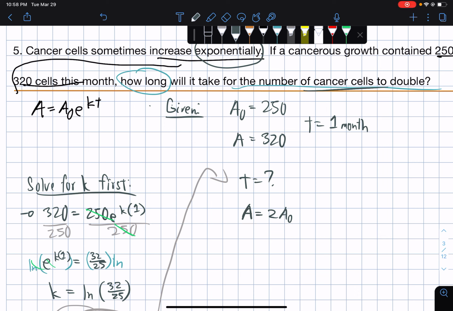The final amount is doubled, so double the initial, which is basically 500, since 250 times 2 is 500. We'll be disregarding this value now, as well as this one, when it comes to solving for the actual missing value.